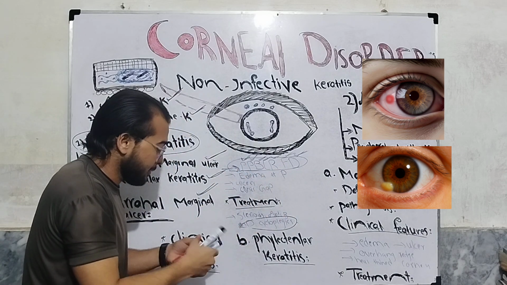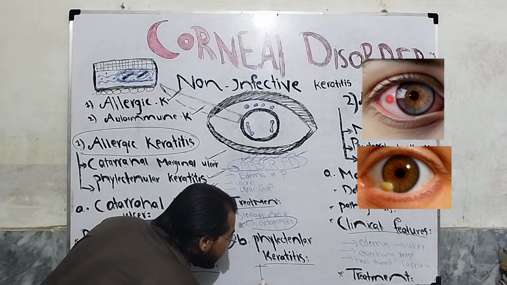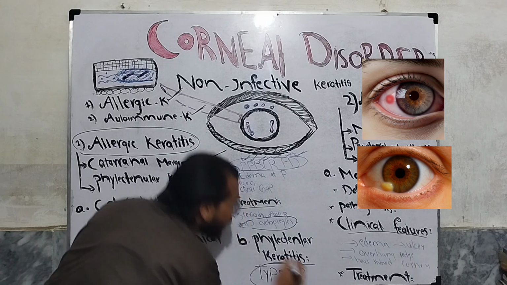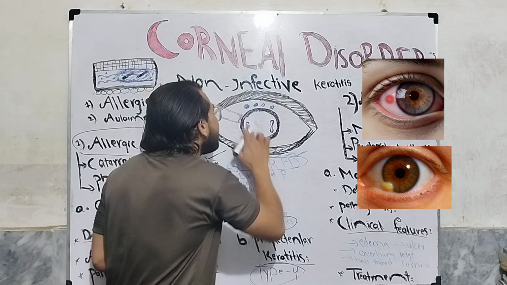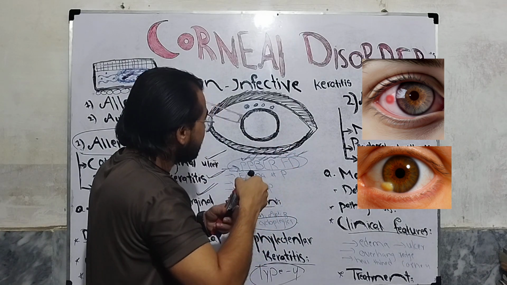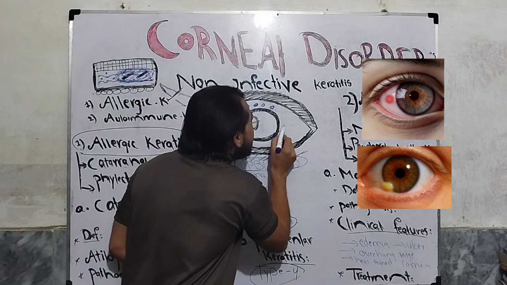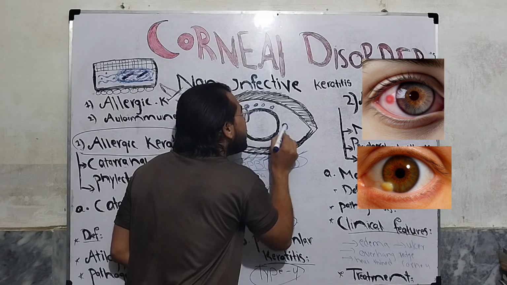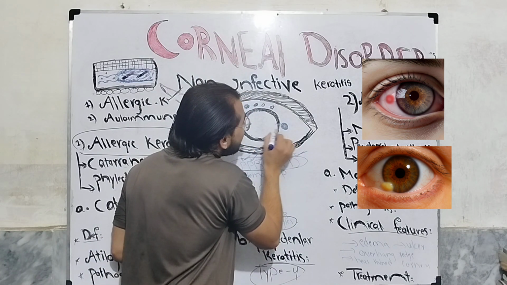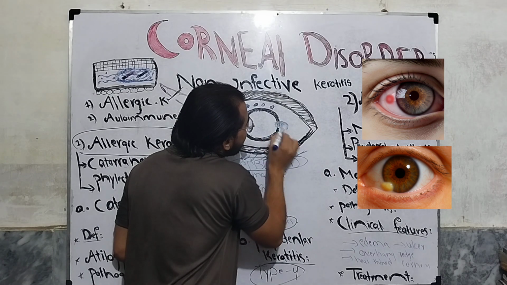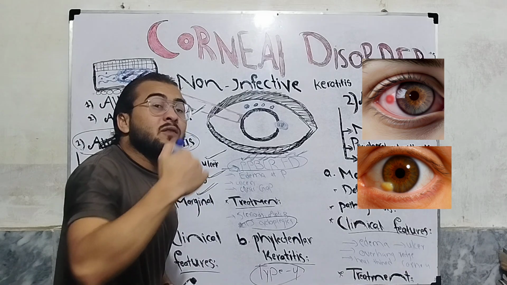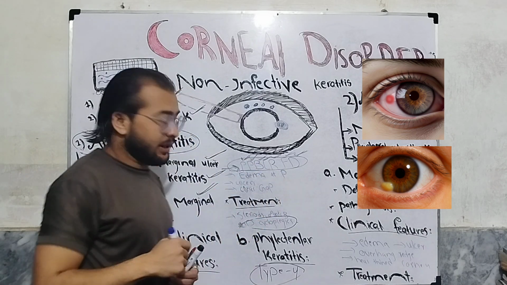But it is a type 4 hypersensitivity reaction, and there will be the formation of a nodule at the limbus, and this nodule will start spreading to the cornea. So this is a localized nodule which appears first at the limbus and then spreads to the cornea.